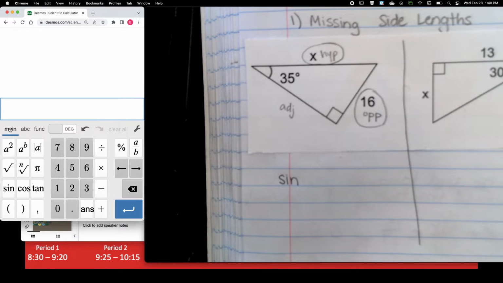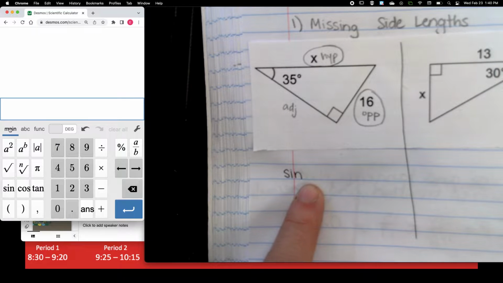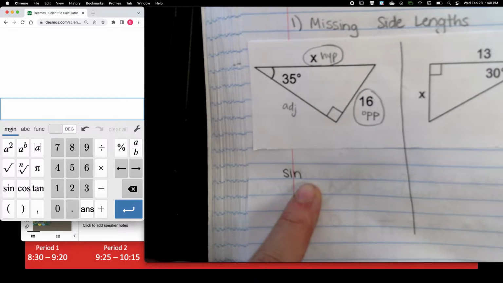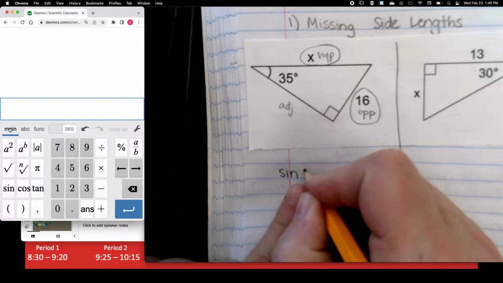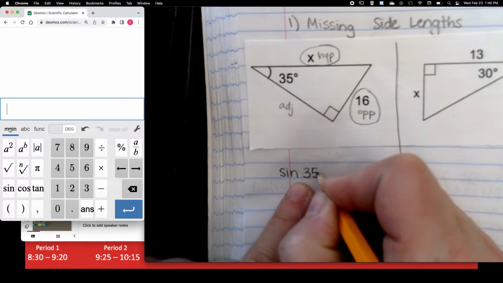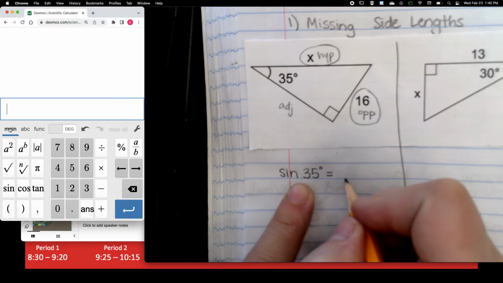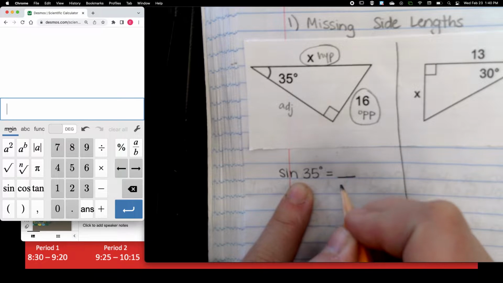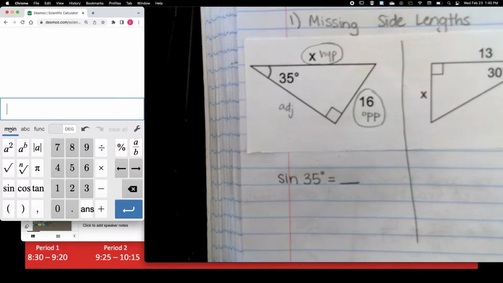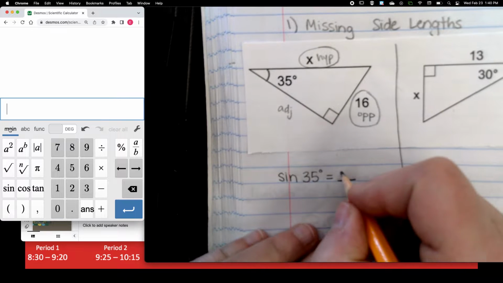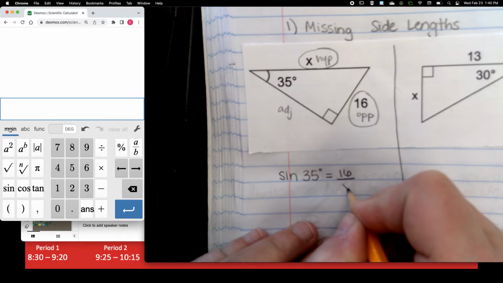We're just too lazy to write the E. And then what is the angle measure? How much is the angle? 35, so we're going to put the sine of 35 degrees equals, and then I want opposite over hypotenuse. So 16 over x.